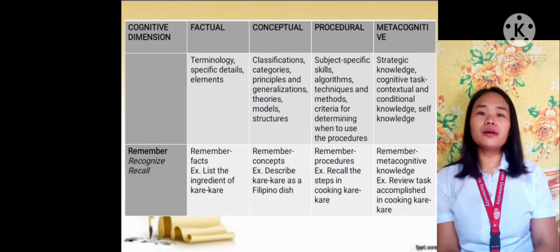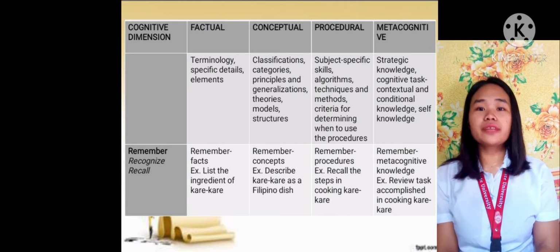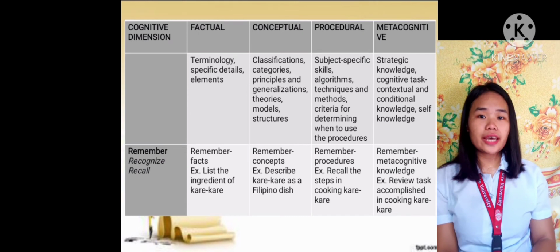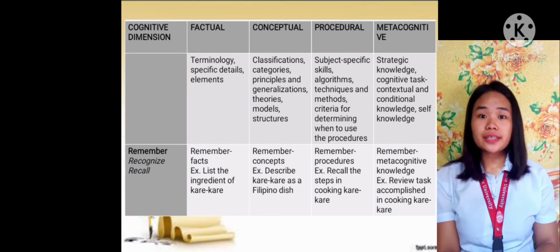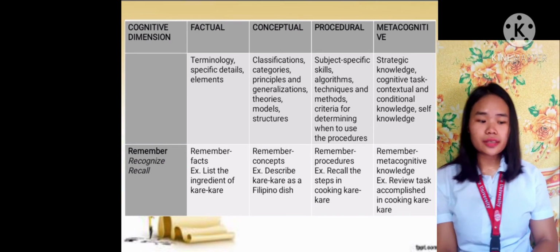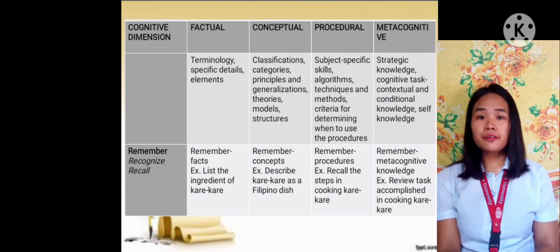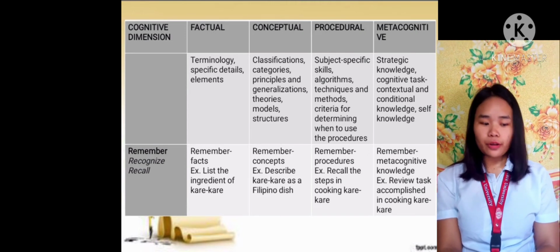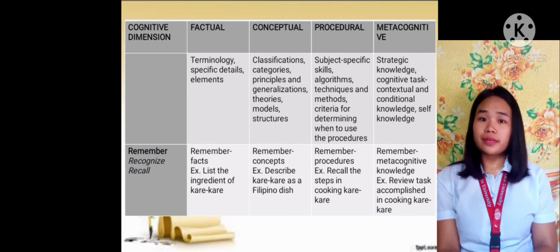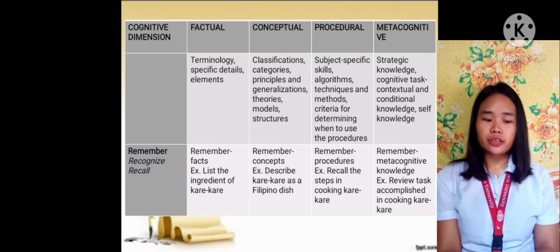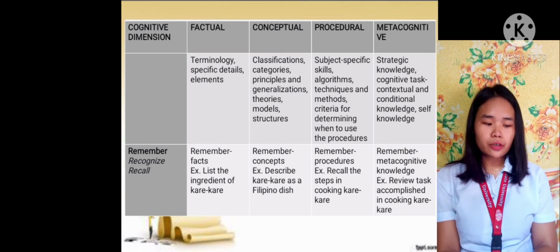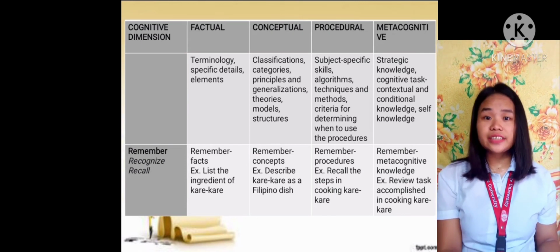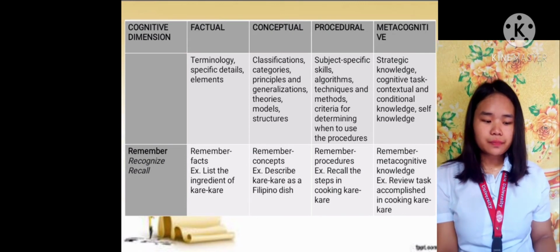Used to remember the things that we learned in the past and use it in the present. So remember facts. This is the example of each cognitive dimension in the knowledge dimension. So remember facts. Example is list the ingredients of kare-kare.